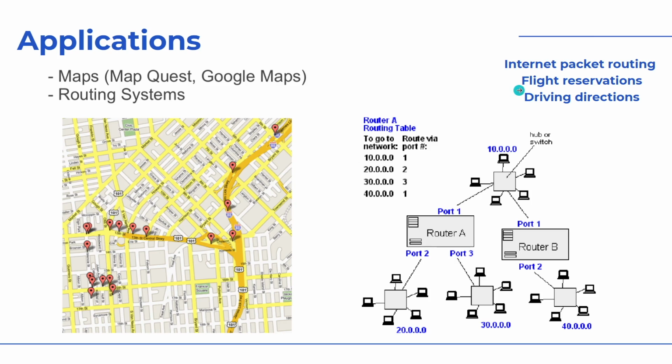Be it a flight reservation system or a driving direction giving system, in all cases we make use of the graph data structure underneath, and for finding the shortest path we make use of the single source shortest path algorithm.